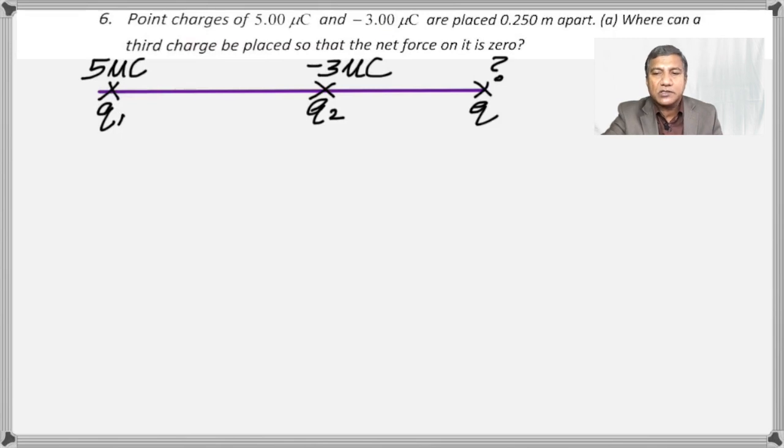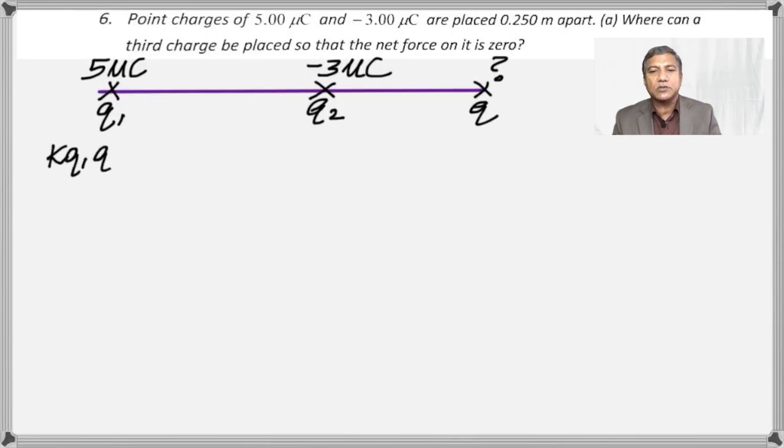But if this charge is kept here, further away from the stronger charge, it is repelled by the 5 and attracted by the negative 3. Again, this charge will be repelled by the 5 because both are positive, but it will be attracted by the 3 because it's negative. So there is a chance for those two forces to be equal and opposite.